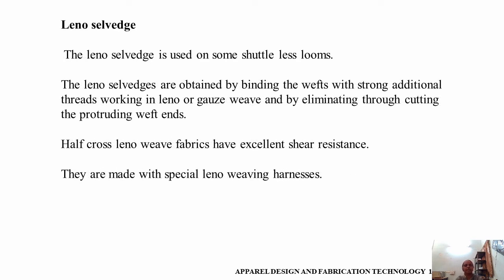Lino selvage. The lino selvage is used on some shuttle-less looms. Lino selvages are obtained by binding the wefts with strong additional threads, working in lino or gauze weave, and by eliminating, through cutting, the protruding weft ends. Half-crossed lino weave fabrics have excellent shear resistance.